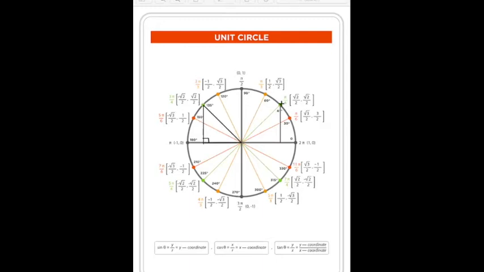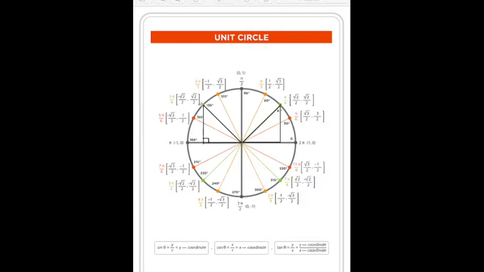Now we've already found the dimensions of this triangle, this 45, 45, 90, and the hypotenuse is the same length. So the legs are going to be the same length. So hypotenuse is 1, hypotenuse is 1. That means that this leg is going to be the square root of 2 over 2, and this leg is going to be the square root of 2 over 2.